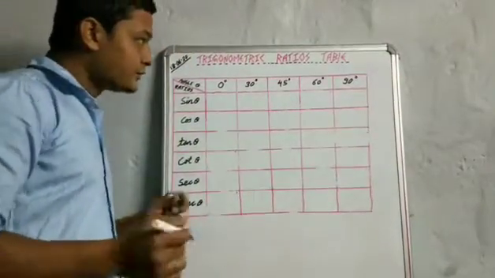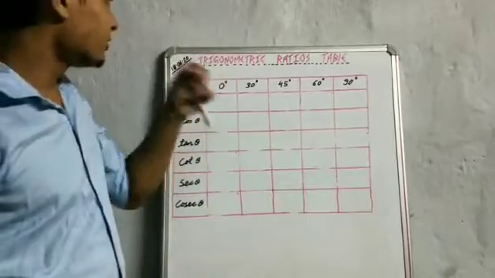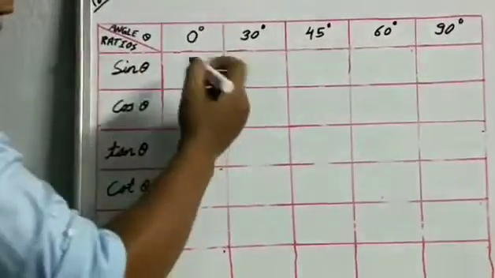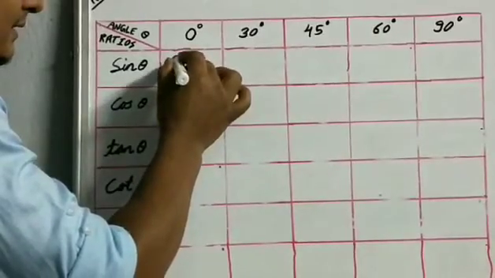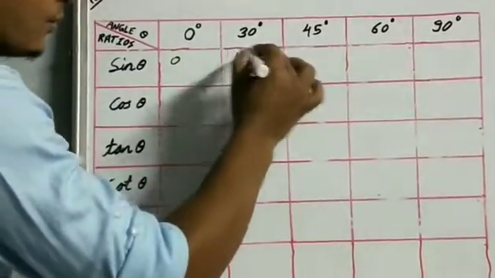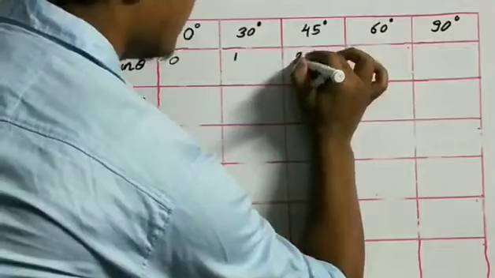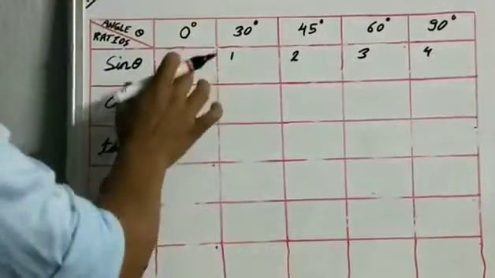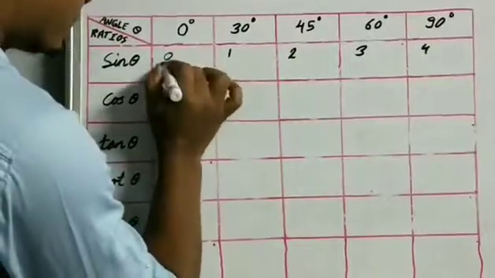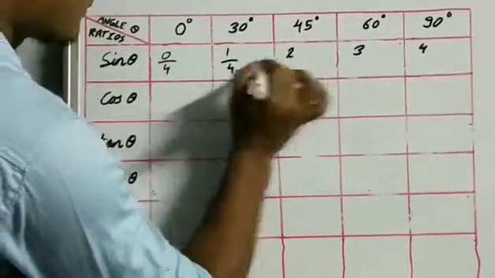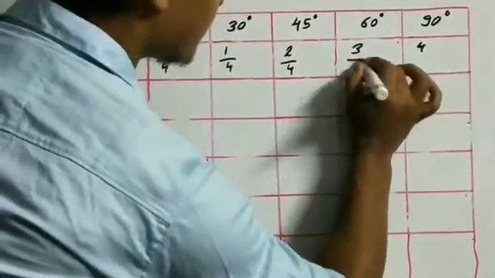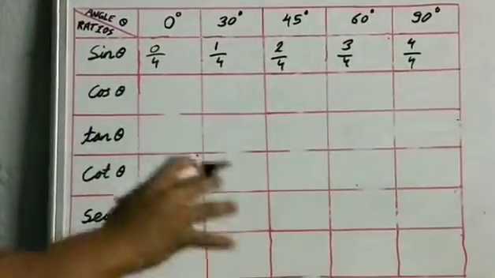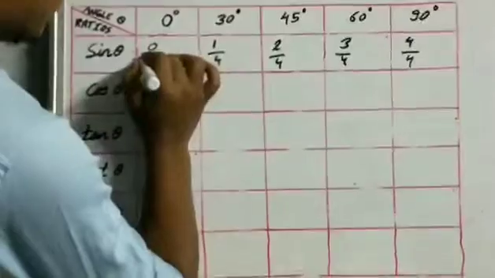To write the values for the trigonometric ratios table, in the column of sin theta, write here from 0, 1, 2, 3 and 4. Now divide all these numbers by 4. Now put square root on all of these numbers.